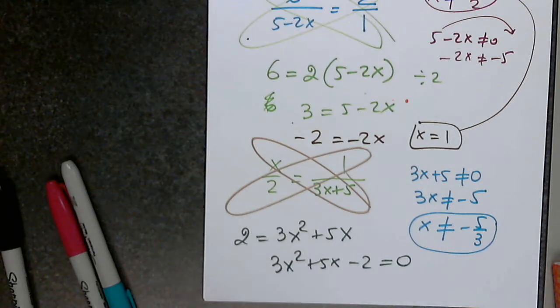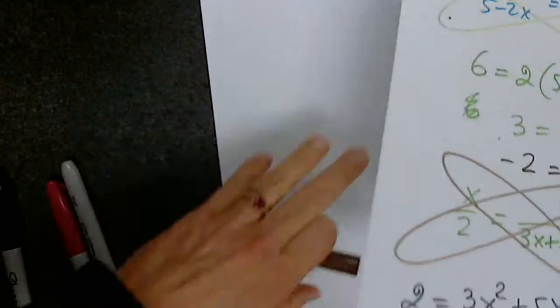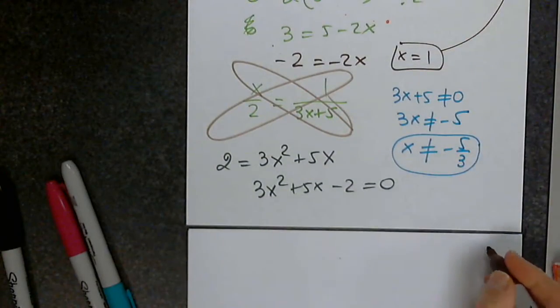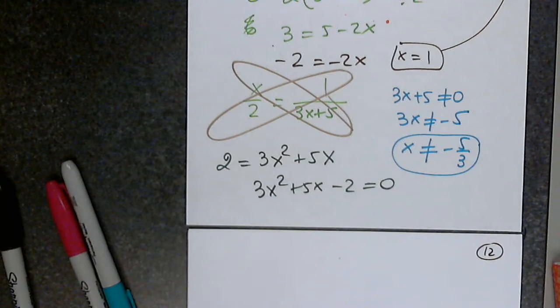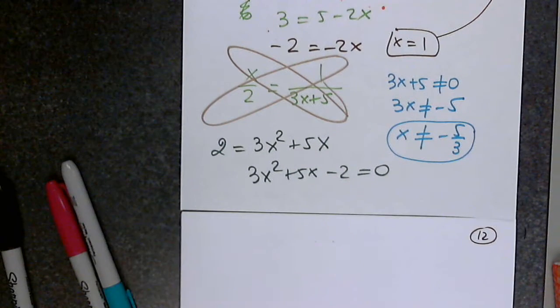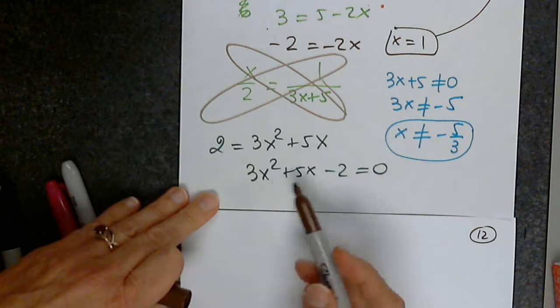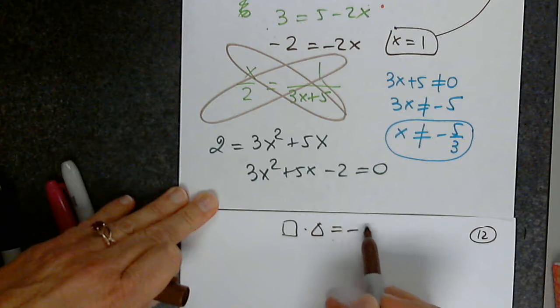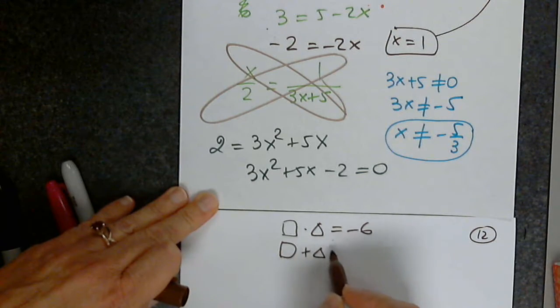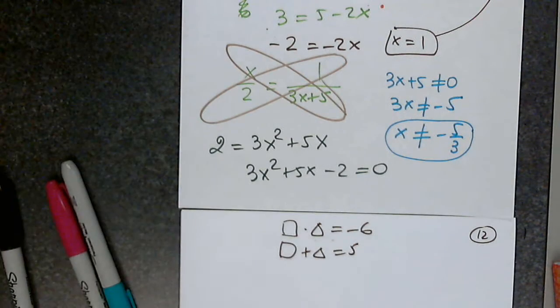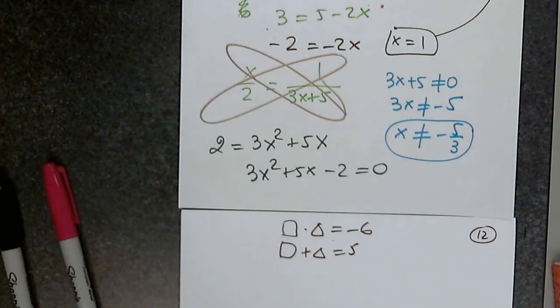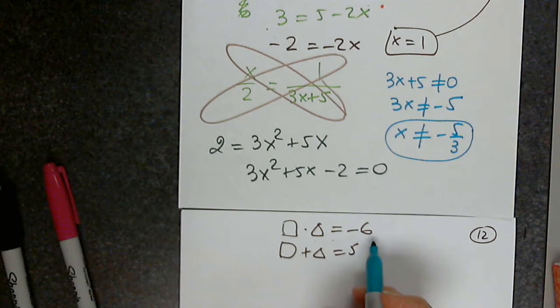Which one would you like? Would you like factor or quadratic formula? Well, see, the product is -6 and the sum is 5. So they're not big numbers. It's not going to take an hour to factor, right? So let's factor. So the product is negative.